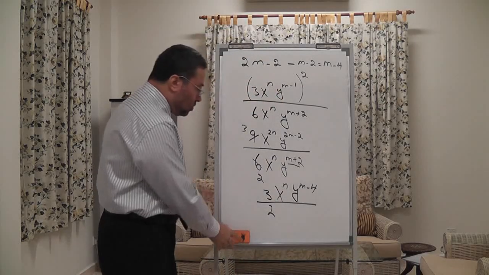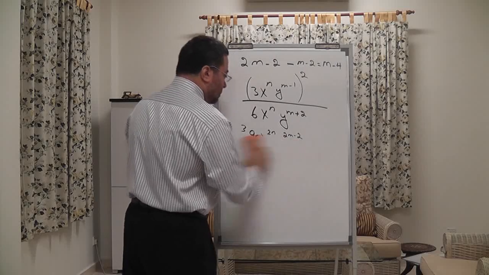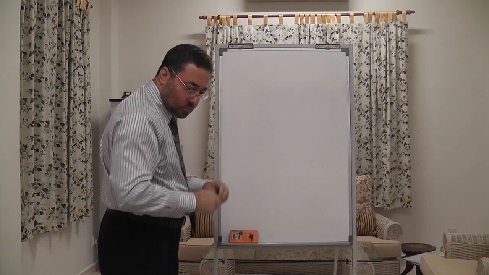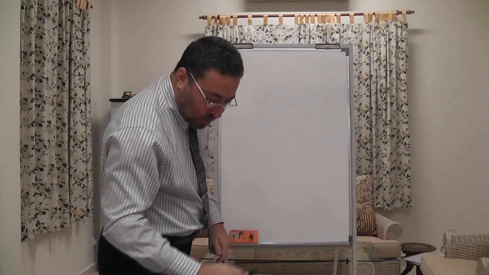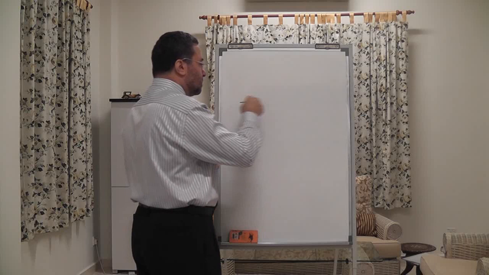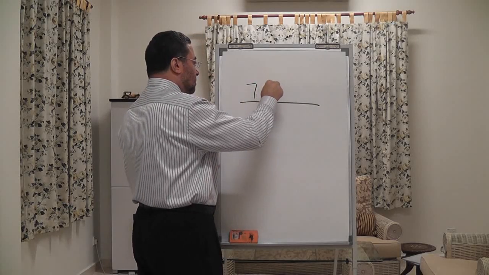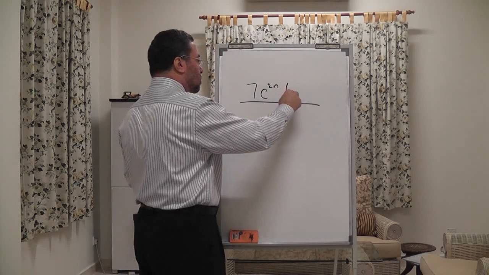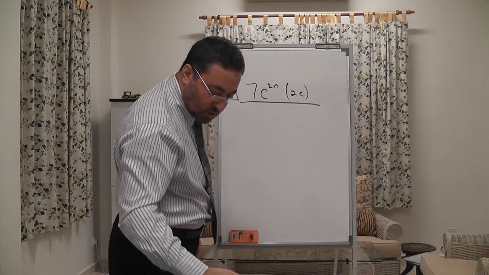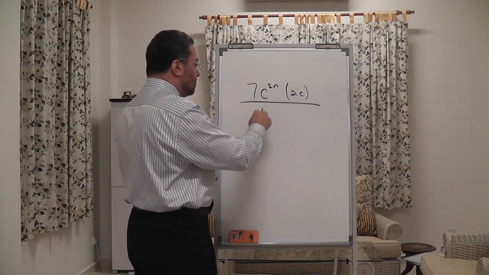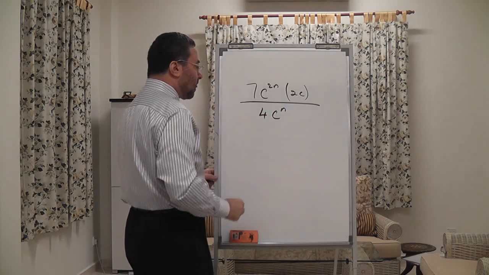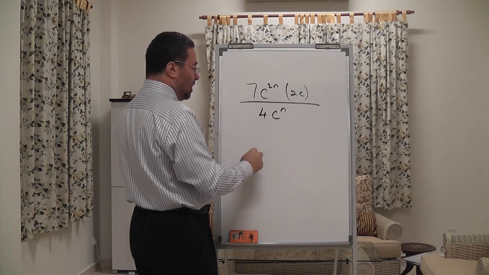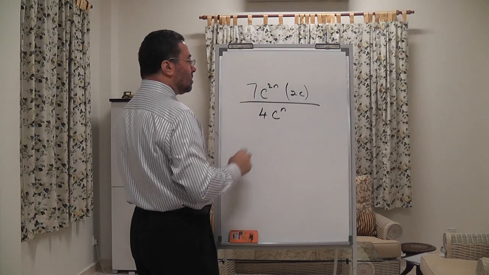Finally, we do number 32. Seven c to the 2n divided by 4c to the n, times 2c. Here we can do the division first, and we get rid of this c to the n. We cut it with this c raised to 2n.